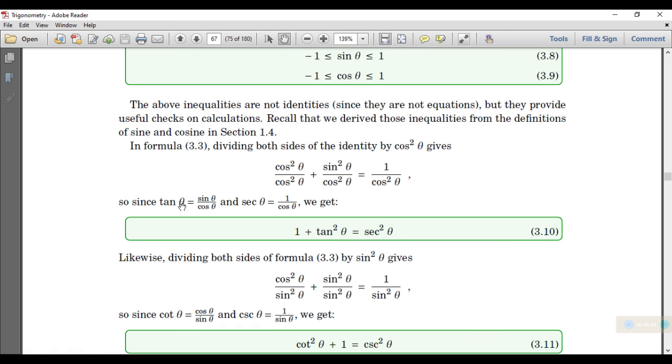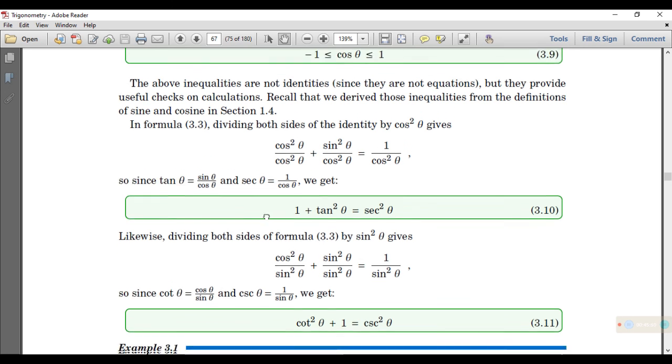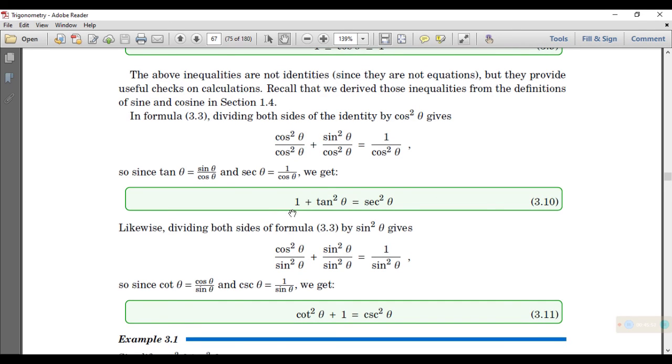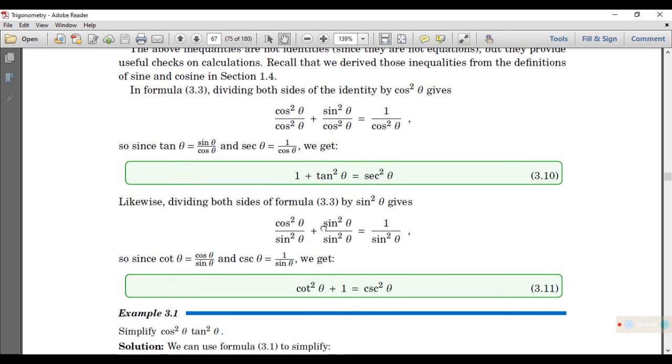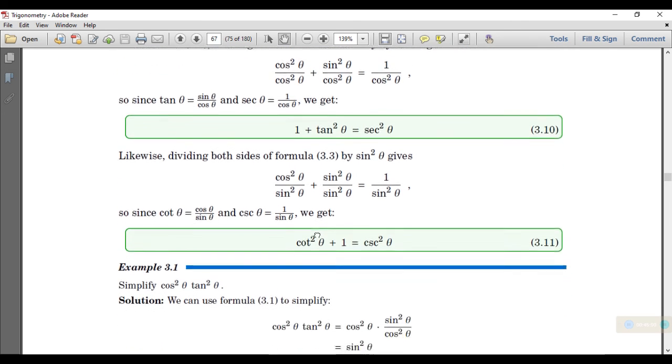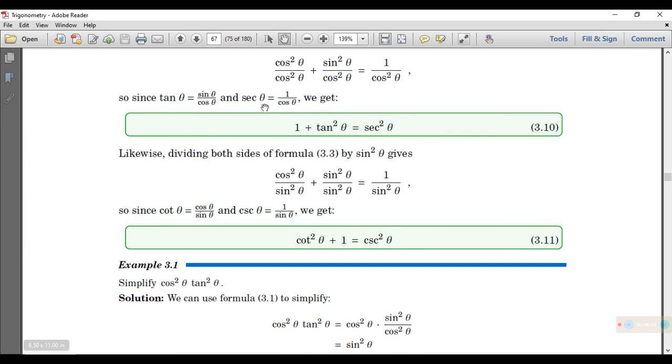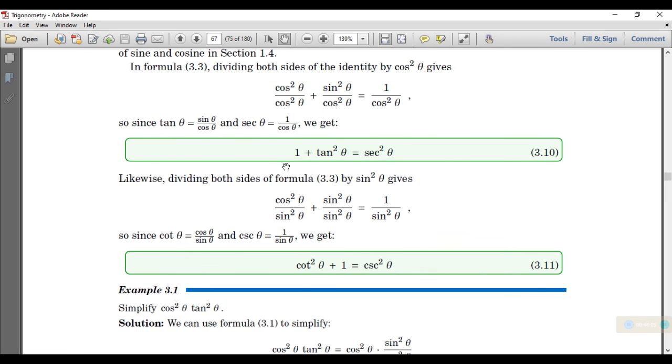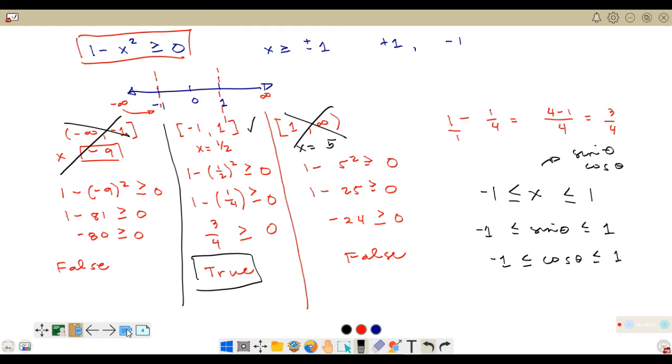We have tangent theta is equal to sine theta over cosine theta, and secant theta is equal to 1 over cosine theta. May bago tayong identity. We have 1 plus tangent squared theta is equal to secant squared theta. Nasusundan ba kung ba't ito naging ganito? Or parang feeling ko kailangan ko siya ipakita.